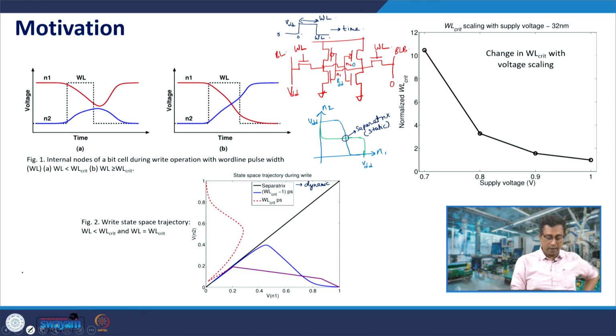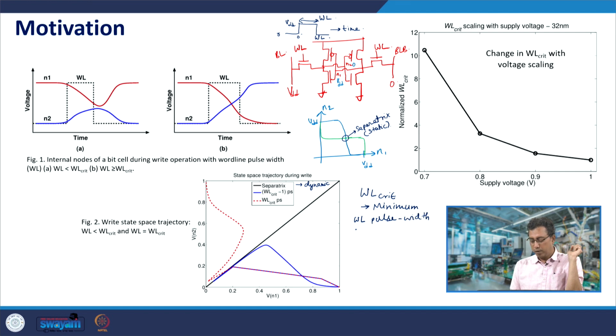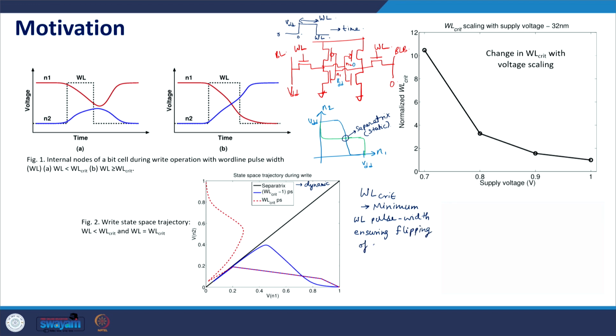WL critical, or word line pulse width critical, is that value, the minimum word line pulse width, which ensures flipping of N1, N2, Q, QB.